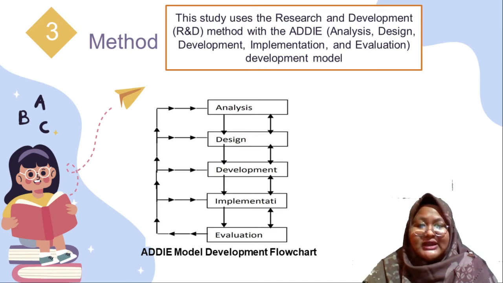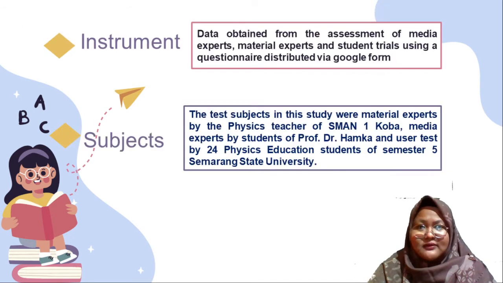And the final stage is the evaluation stage, a stage to determine the effectiveness of the product that has been developed. The data obtained from the assessment of the media expert, material expert, and student trial used a questionnaire distributed via Google Form.